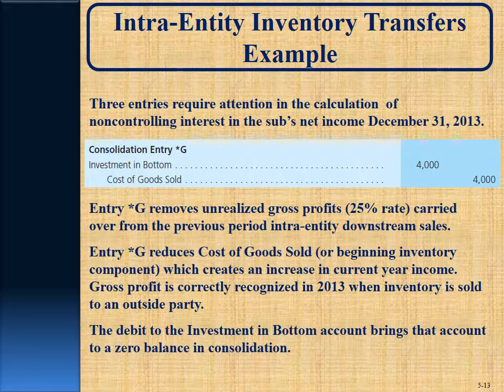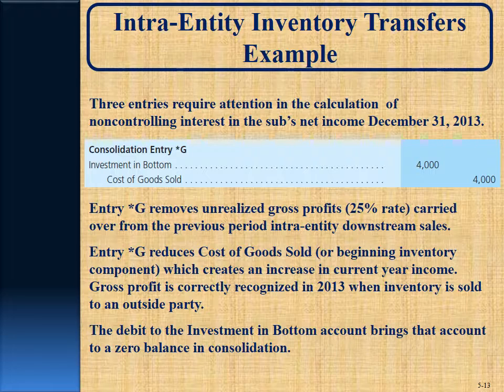Where was it handled? I'm sorry, I'm jumping ahead because I'm looking at asterisk G. Now, that was on this year's books, so we need to eliminate it. Now, how do we handle last year's unrealized gross profit? Well, we're going to increase the investment in bottom because the parent is using the equity method. So they have a decrease right now in their investment account for the part of the unrealized profit that they weren't recognizing from last year.